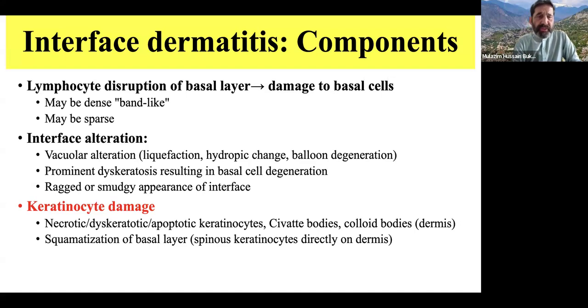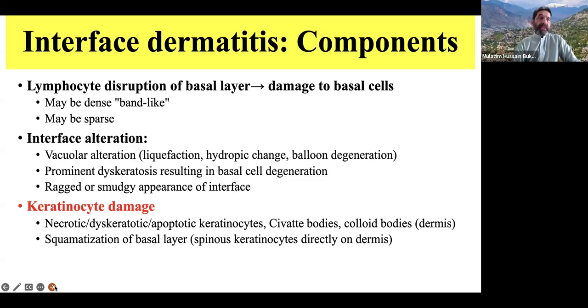the keratinocytes are destroyed due to a necrotic process, or apoptotic process, or some other pathological process, and they are called colloid bodies. Then they migrate, civatte bodies, toward the dermis. And then, as I told you, metaplasia of the basal cell is called squamatization. This may involve the basal layer and can extend to the first layer of the stratum spinosum.